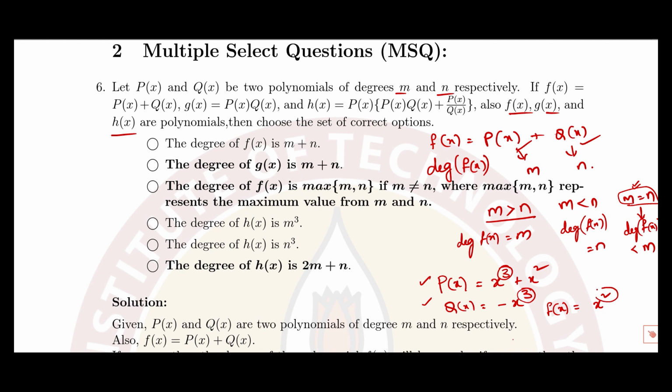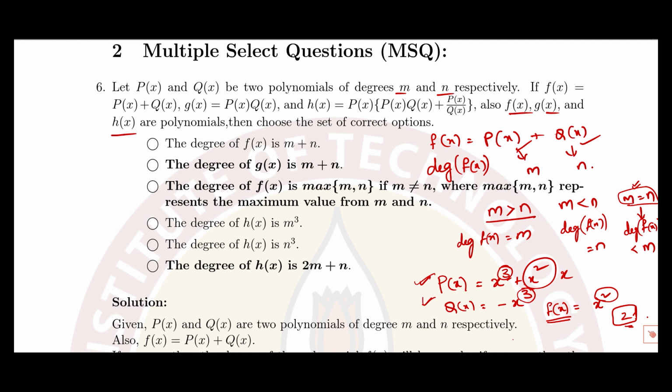Now the degree of the polynomial f of x will be 2, which is less than 3. So basically we were not able to tell what will be the degree of this polynomial f of x if the degrees of P of x and Q of x are equal, because as there is a term x square, so the degree is 2. If this x square is x, then the degree will be 1. So we can't predict.